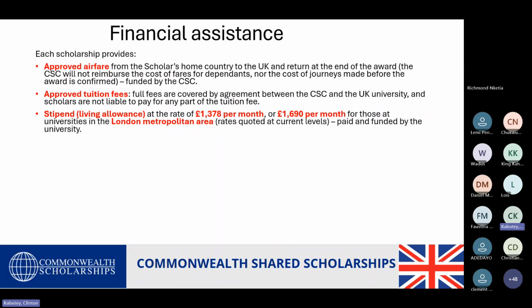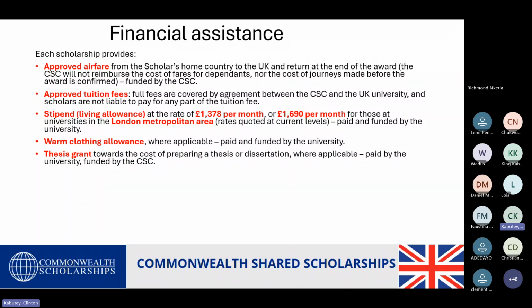That's because the London metropolis is very, very expensive, and of course you're going to spend a lot. That is why the stipends for London are quite high. And then we have a warm clothing allowance, which is given to scholars to feel warm during the winter season, so you're able to get warm clothing for the winter. We also have thesis grants.